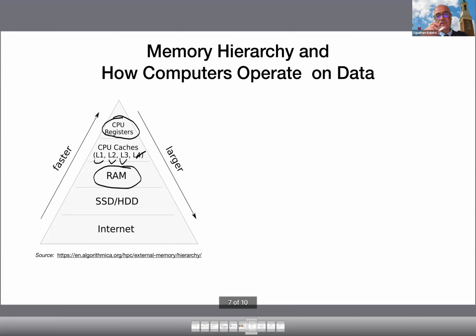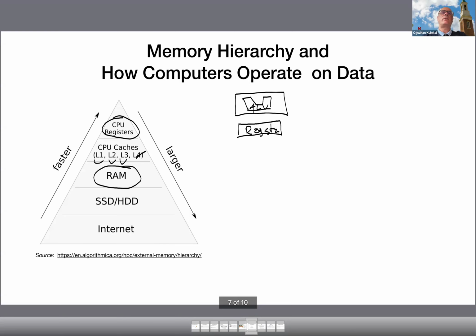Now I would like to show you how we operate on data. Let's assume this is my core, a single core, and this is my arithmetic logic unit. When an instruction needs to operate on data, that data should be in the registers.